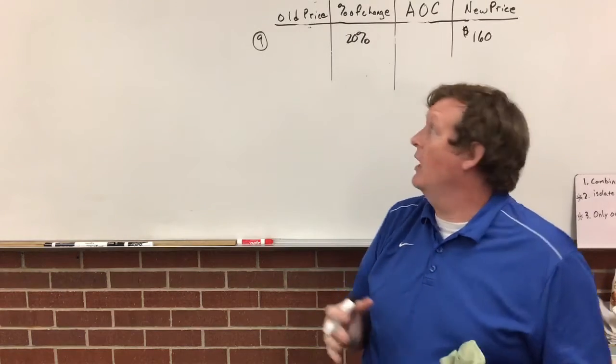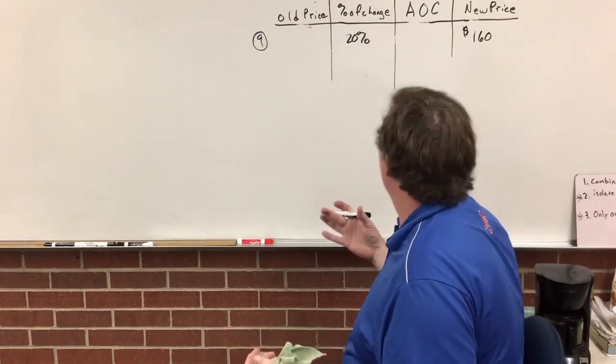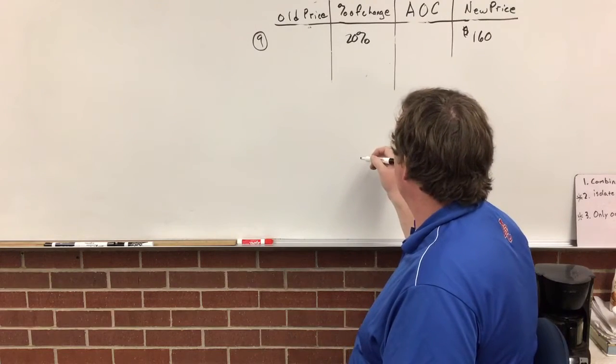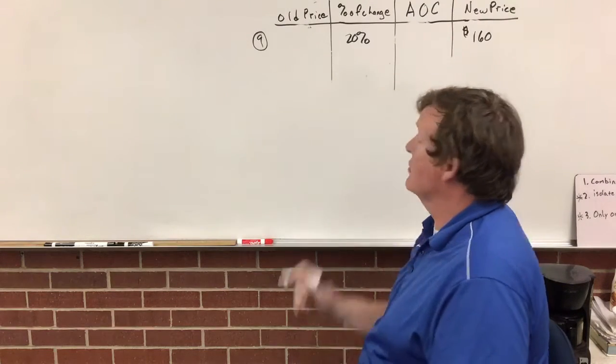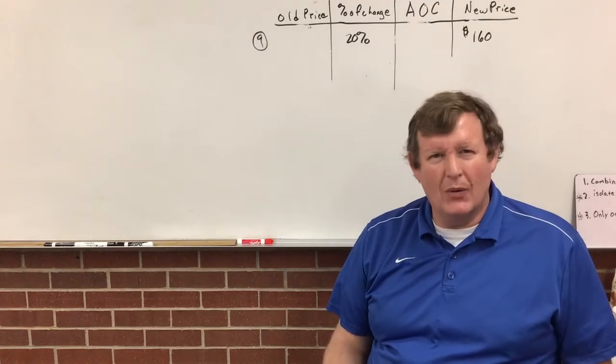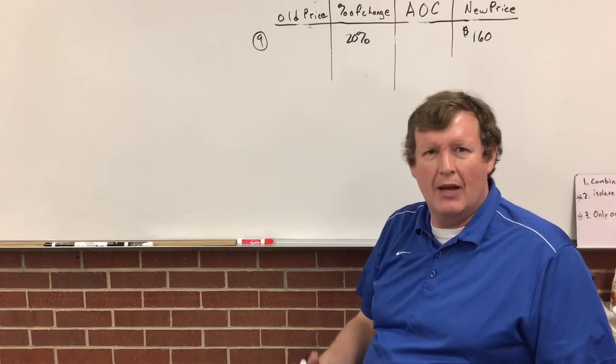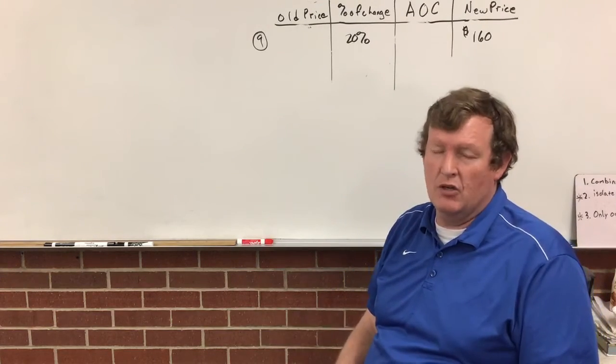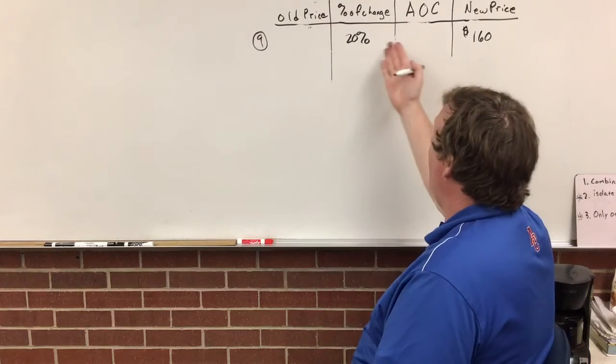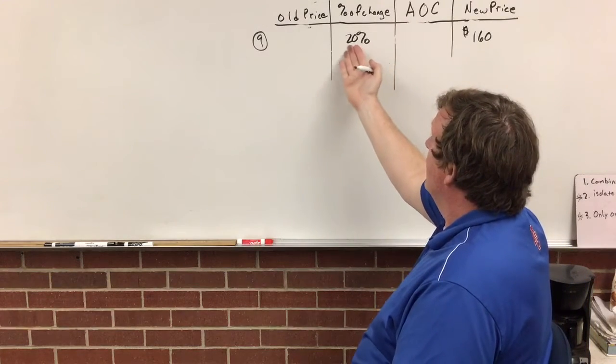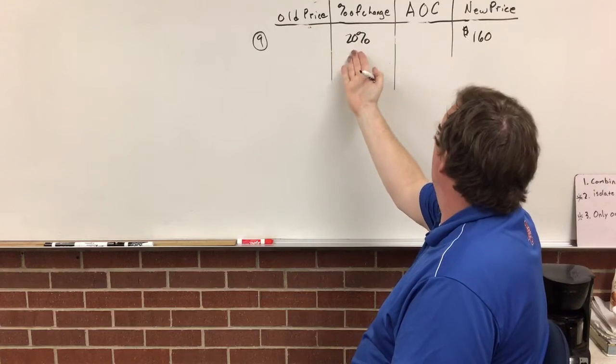In order to figure out what the old price was, you would have taken the amount of change times the percent of change. We don't have that here this time. As a matter of fact, we're taking 20% of the old price.